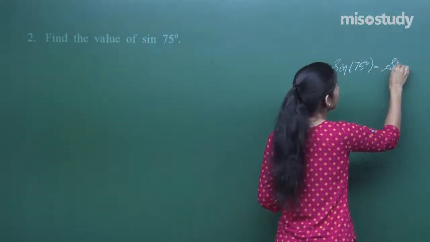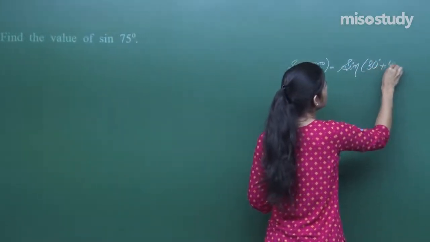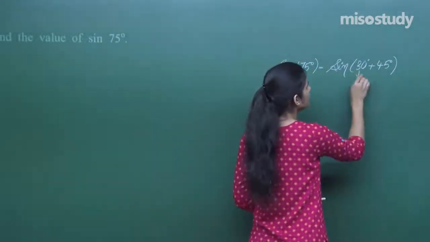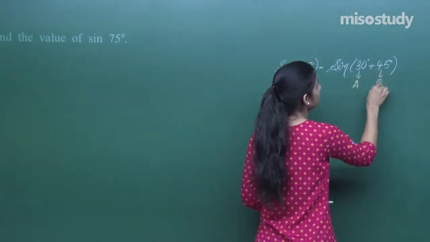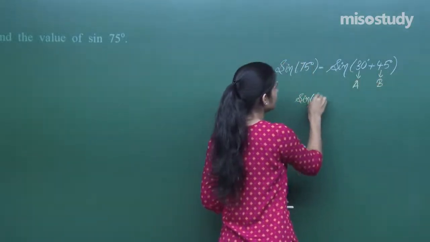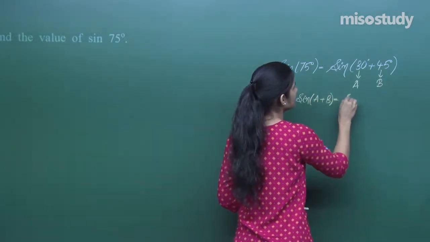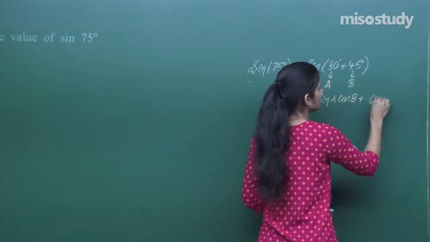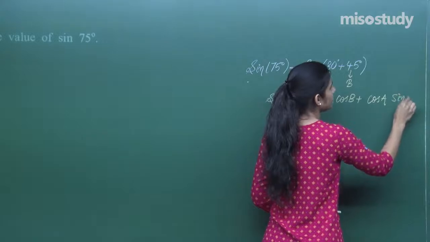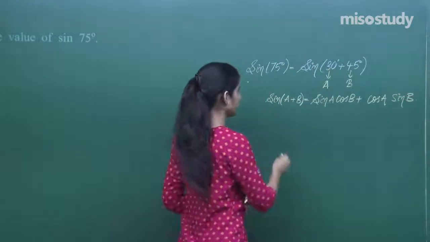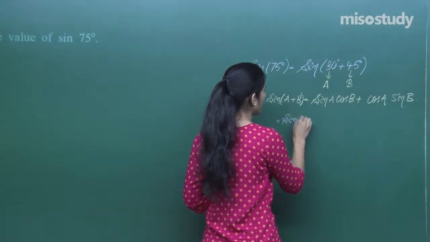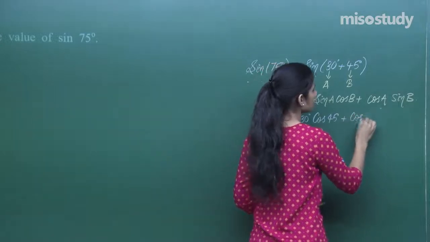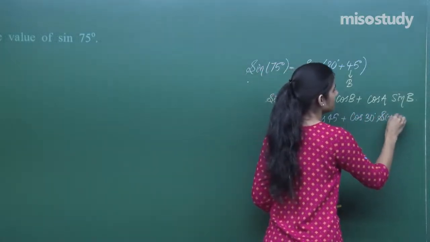Clearly I can write it as sine 30 plus 45. Both are basic angles. Use the formula of sine of A plus B. I know sine of A plus B is sine A cos B plus cos A sine B. So this will be sine 30 cos 45 plus cos 30 sine 45.